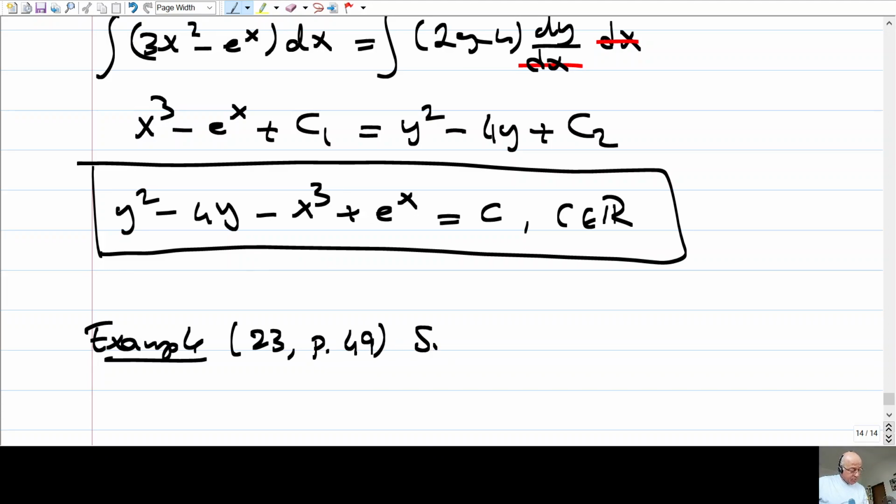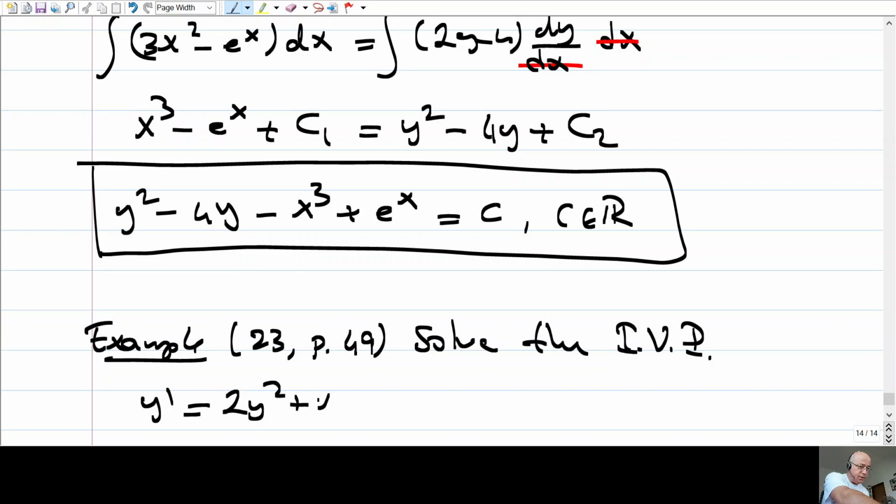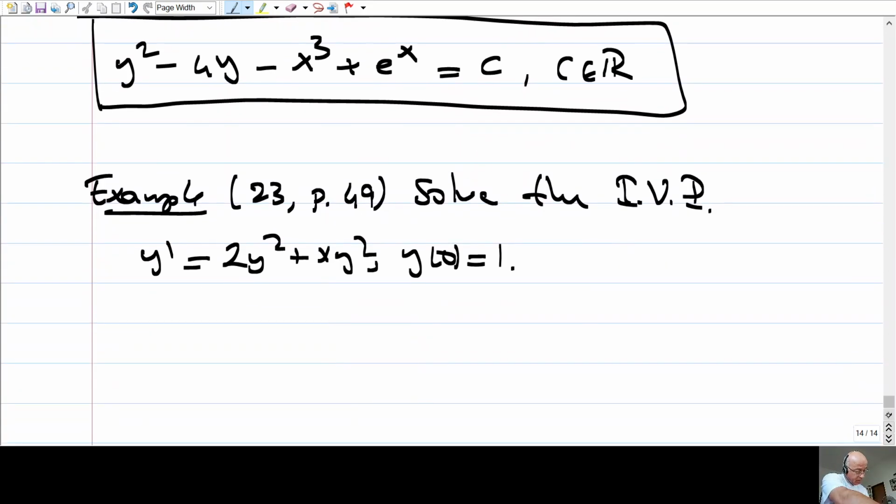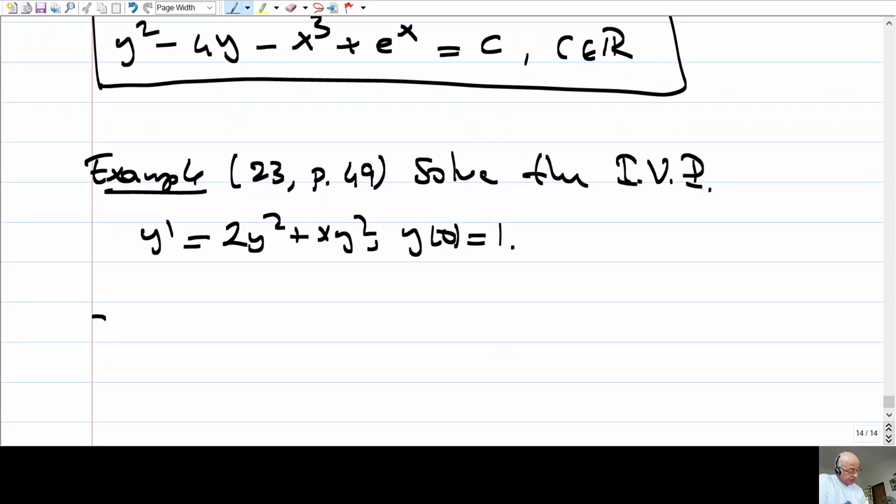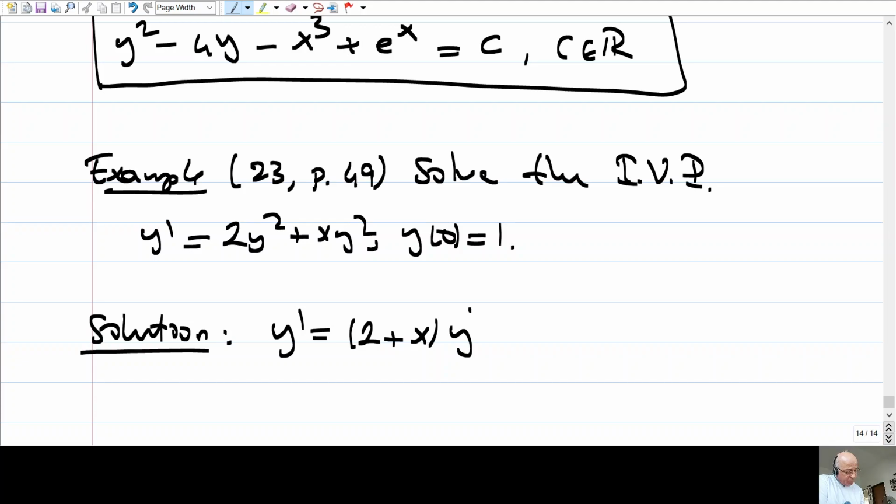So the problem is this: solve the initial value problem. y prime is equal to 2y squared plus x times y squared, and y of 0 is equal to 1. Okay. You see, this is also separable because I can separate x and y variables like this, right? y prime is equal to, yes, this.